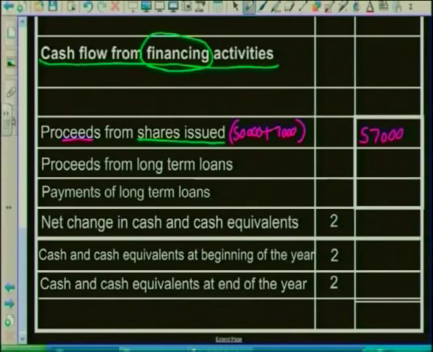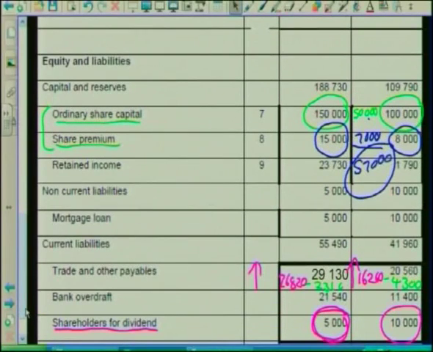Right, let's now look at the second part of your financing activities, we're now going to look at your loans. And again, guys, for your loans, we're going to go straight to your balance sheet. Okay, you knew that. Right, your balance sheet, we are now looking at non-current liabilities.